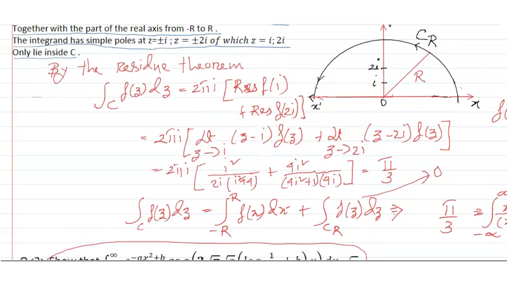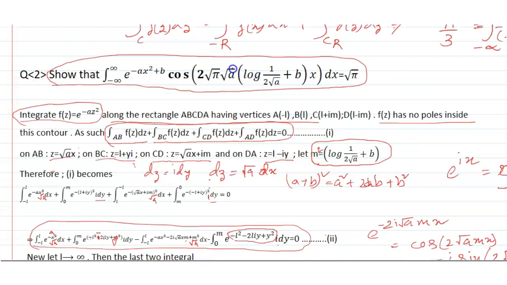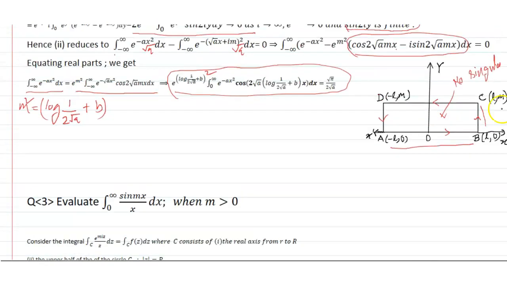Now whatever I have to prove: m square is equal to e to the power log, and another factor is that the integral from minus infinity to infinity of e to the power minus ax square is equal to root over pi divided by 2 root a.